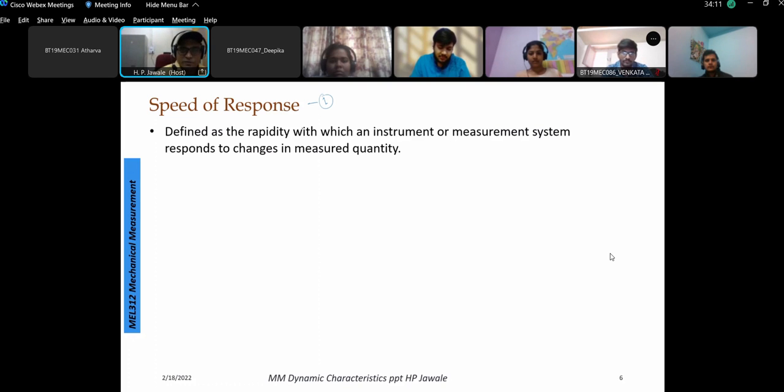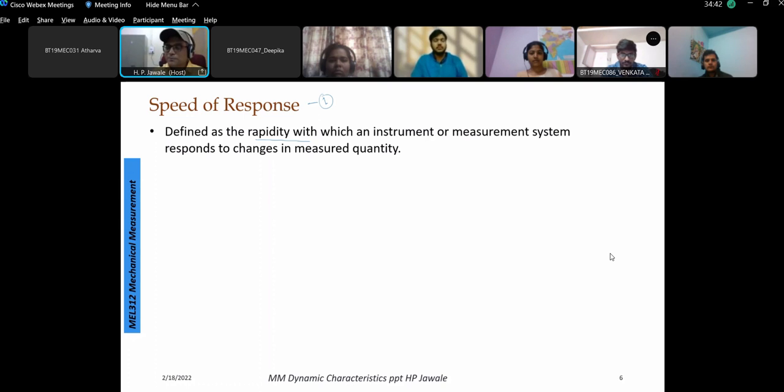So this is what is found out, which corresponds to the rapidity or quickness with which an instrument or measurement system is going to respond to the changes in the measured quantity. It's very, very important then. Suppose I know that the system is going to respond after 2 minutes, like in the case of your thermometer, then probably it will not be able to control any rapid change in the input if it happens between 0 to 2 minutes.